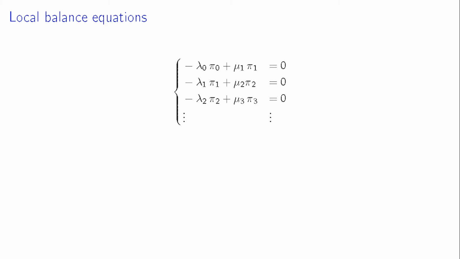And we may proceed likewise forever, and we have a series of equations involving only pi i and pi i+1. A small picture shows that these equations mean exactly that the local balance equations are satisfied. The flow between i and i+1 is equal to the flow between i+1 and i.